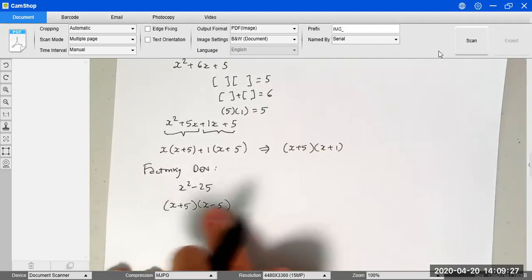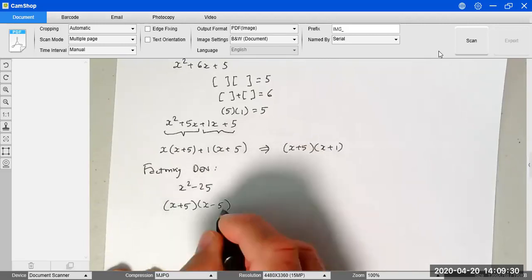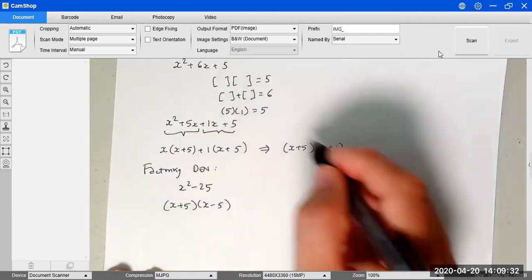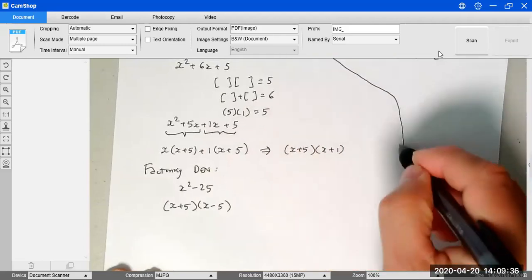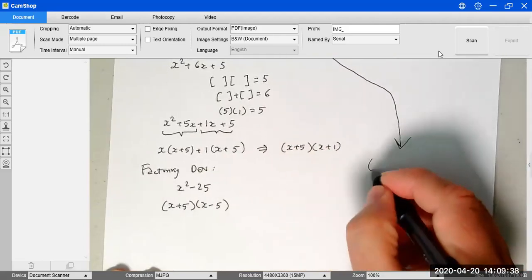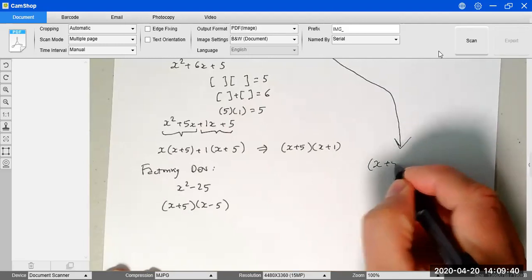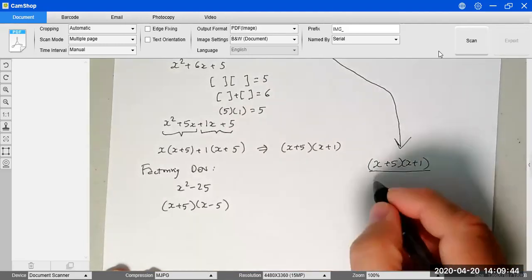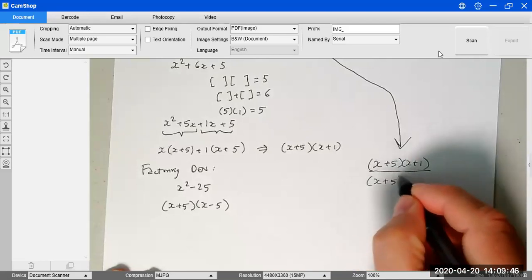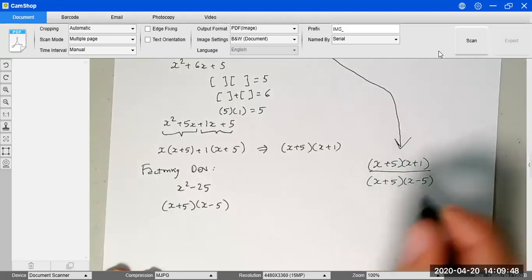So this is the factor form for the numerator and the factor form for the denominator. We're going to rewrite this as x plus 5 times x plus 1 for the numerator. The denominator is x plus 5 times x minus 5.